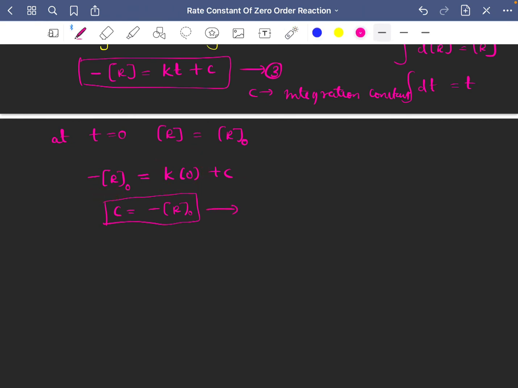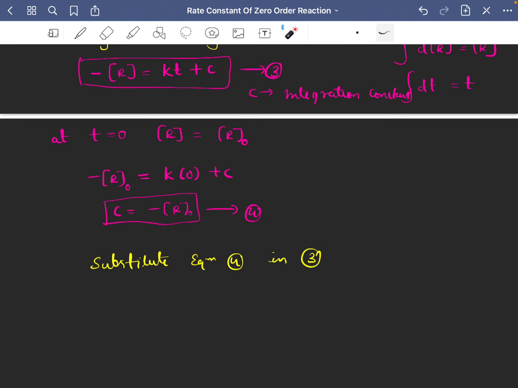Now you take this as equation number 4. Now substitute equation number 4 in equation number 3. See, in equation number 3 we have C, and in equation number 4 we have the C value. So substitute this value here.